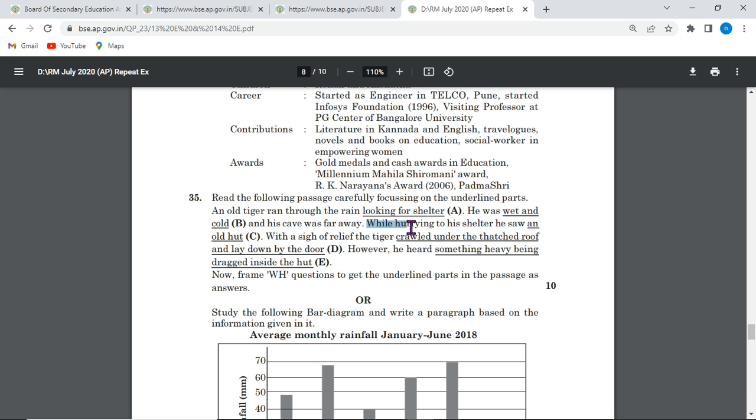While hurrying to his shelter, what did the old tiger see? With a great sigh of relief. So where did the old tiger reach? Or how did the old tiger reach the shelter?